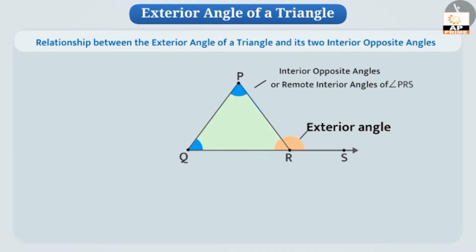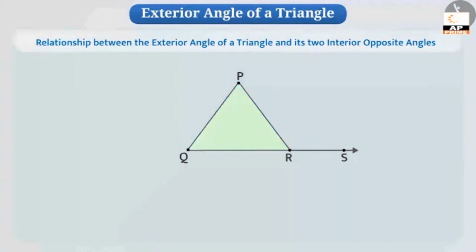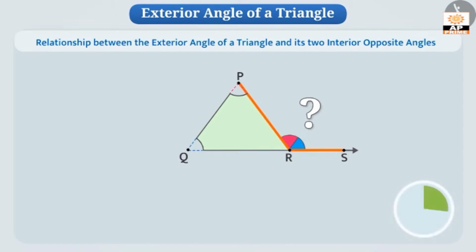Let's understand this in the case of triangle PQR and its exterior angle, angle PRS. Cut out or trace copies of angle RPQ and angle PQR and place them adjacent to each other at angle PRS. As you can see here, angle RPQ and angle PQR together entirely cover the angle PRS. What does this tell you? Give it a try. You got it right.